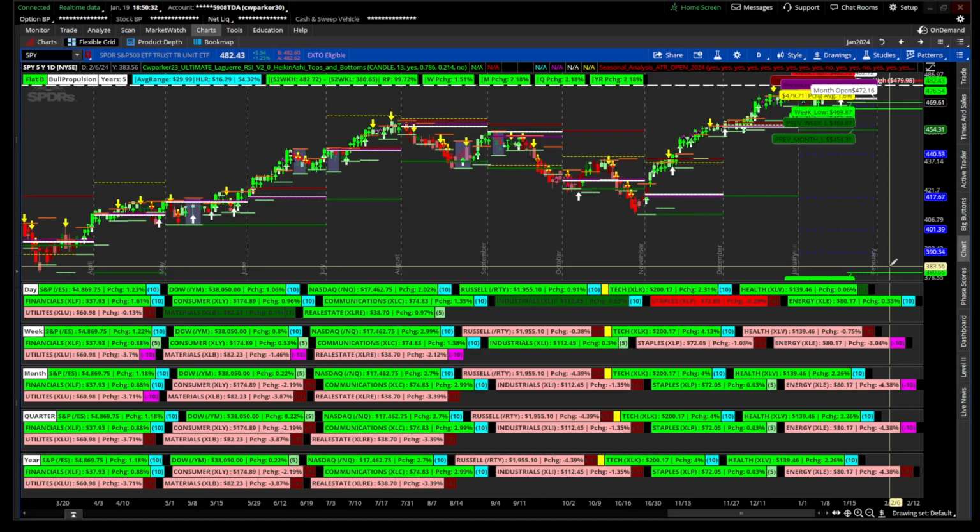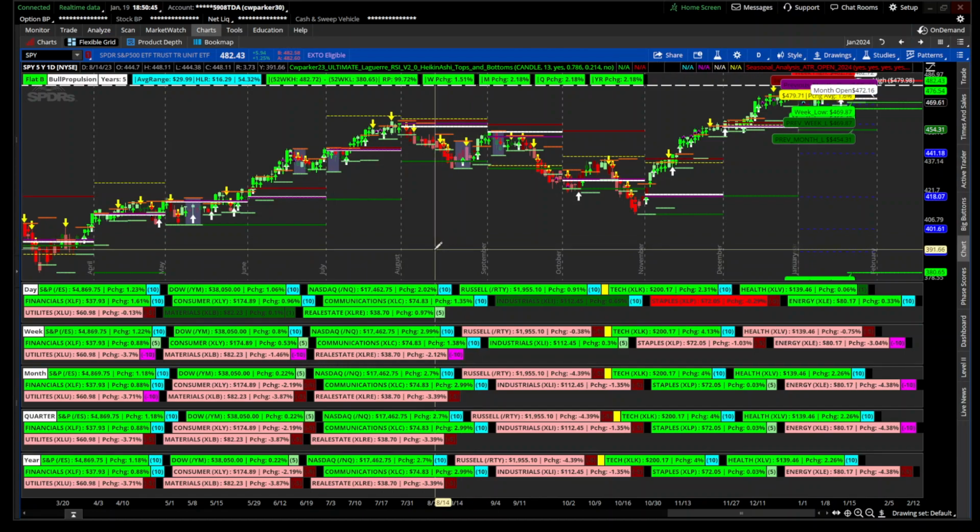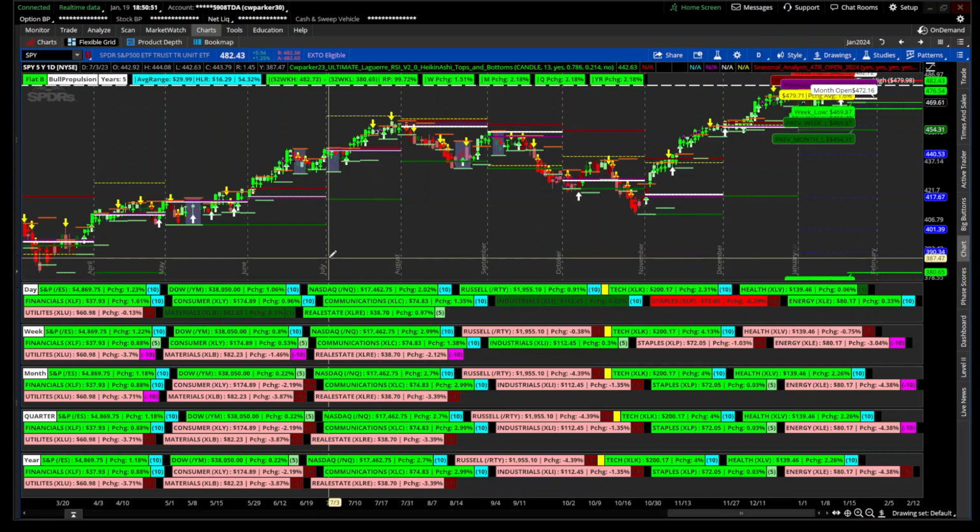Those added together give you 10. That's why you can see these 10s: they're above all their previous levels and their current open. Any of the other ones are below some level, but for the most part, that's how my day scores work, and they work for each time frame that I have set.